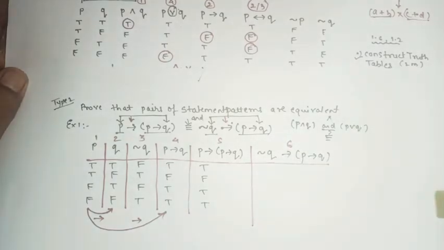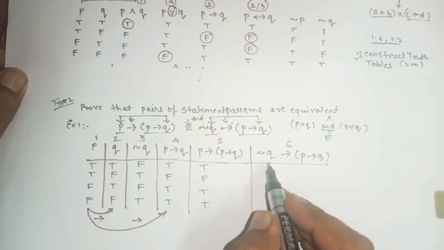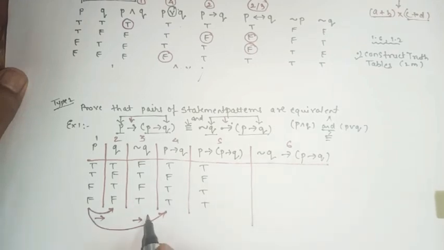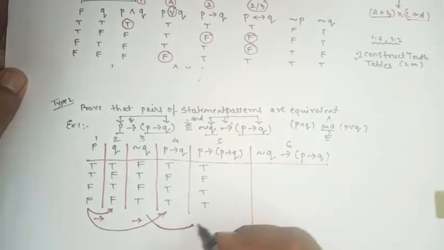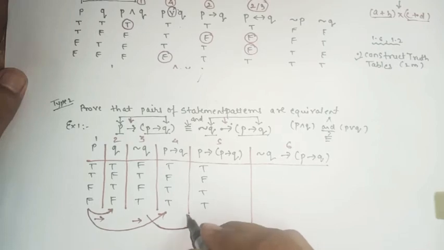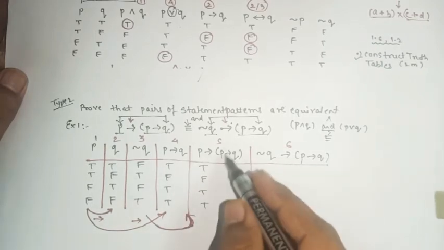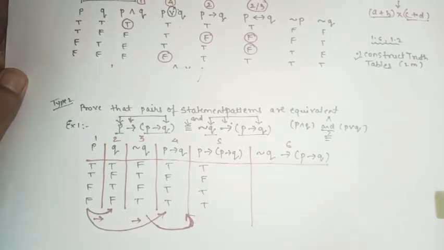Now the last, sixth. The first is negation of Q. So this will go between P implies Q, between P implies Q. Yes or no? Between P implies Q, not with the fifth column. So do not make this mistake. The point.